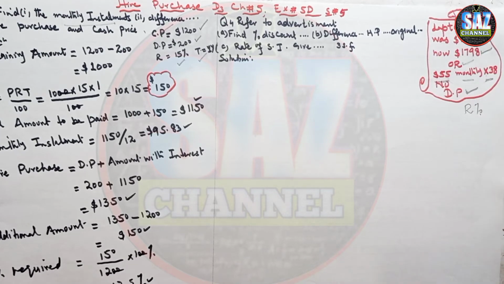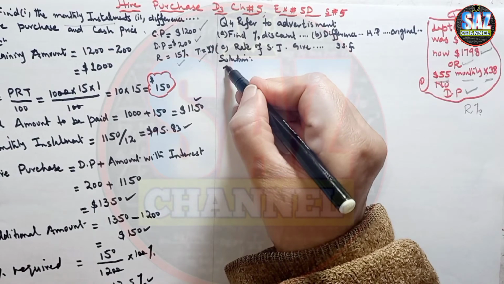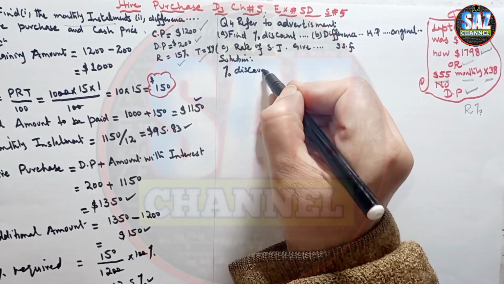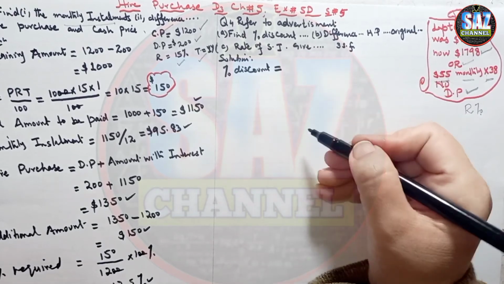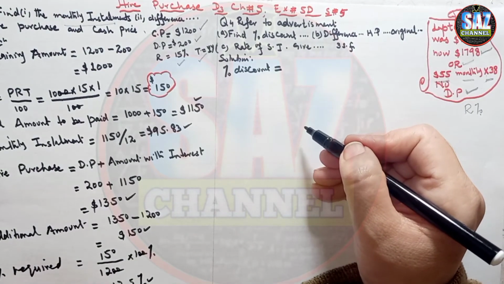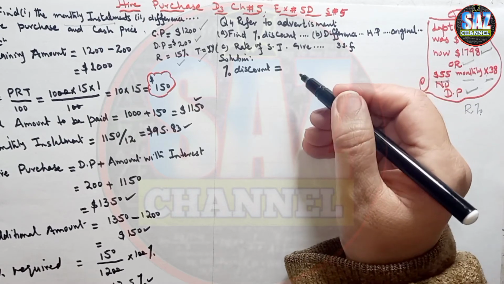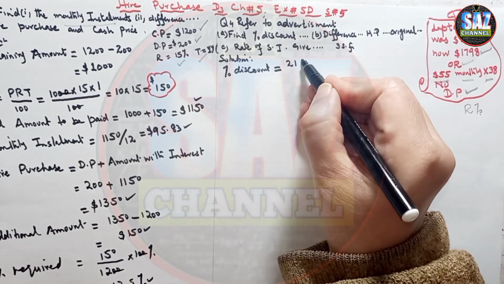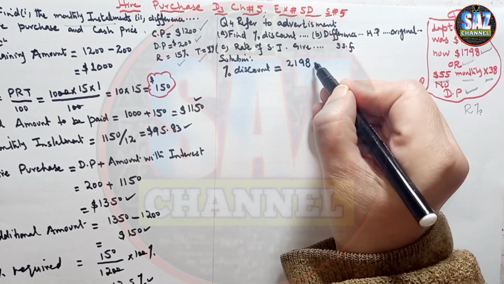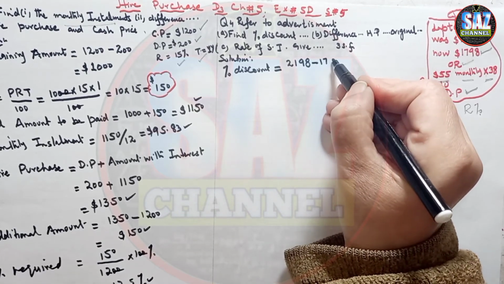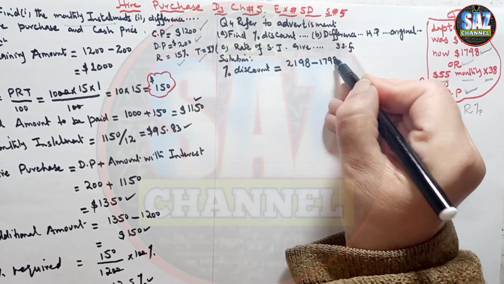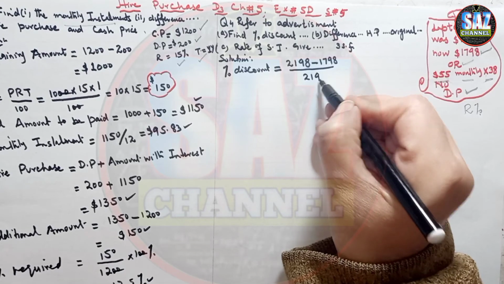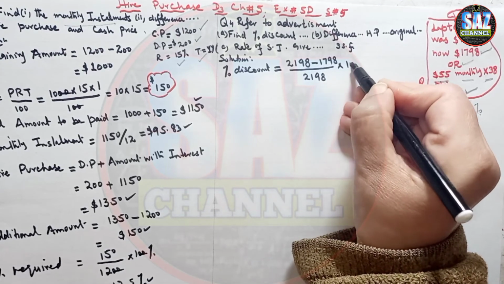So the percentage discount is equal to discount over mark price multiplied by 100%. So for the discount, I have to take away 1798 from 2198, upon the original price, 2198, multiplied by 100%.